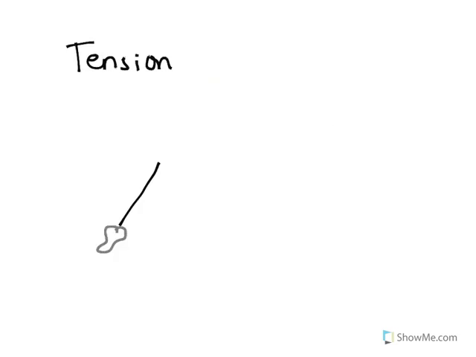Let's suppose we have a string with a rock, and you are making this rock go in circles by means of the string. The force that is acting as a centripetal force in this case is the tension of the string.